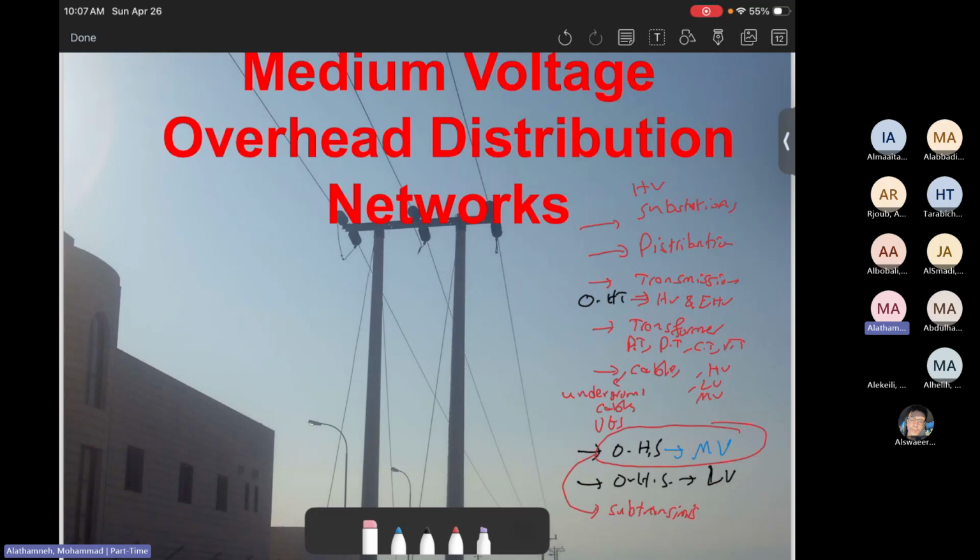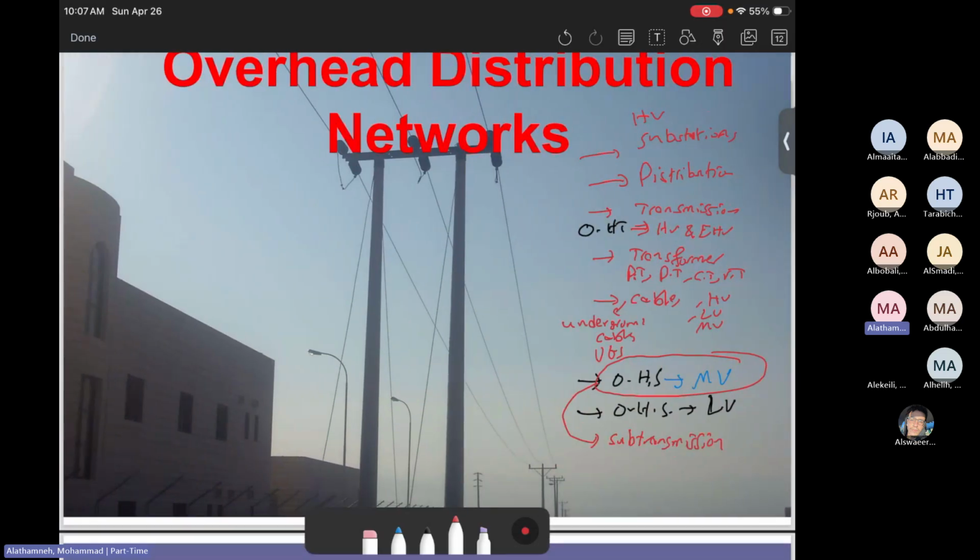In the subtransmission, most likely in Jordan, it belongs to the distribution company. It depends on the location. If you are in the north, it will be with IDECO. If you are in the middle, JEPCO, or in the south, Jordan Valley, and east, which is with IDECO.